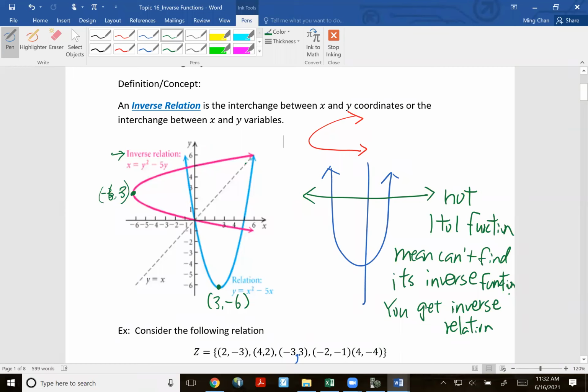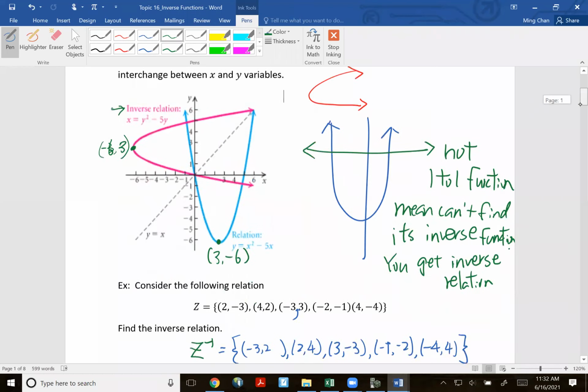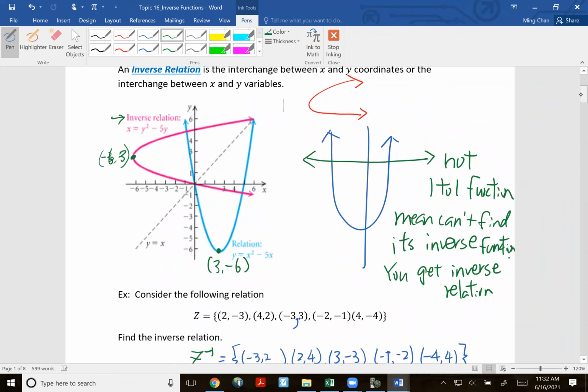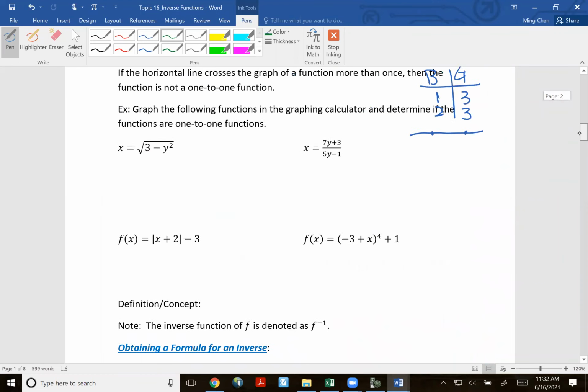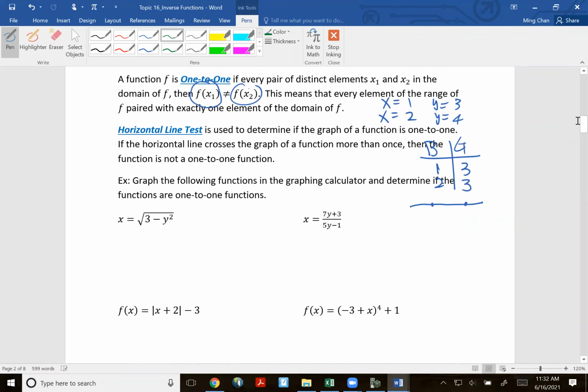We have to call it its inverse relation. All right, that's what it means. Even though the function is a function, it's not a one-to-one function. If it's not a one-to-one function, you cannot find its inverse function. Its inverse is not a function. So we just denote it as a relation.